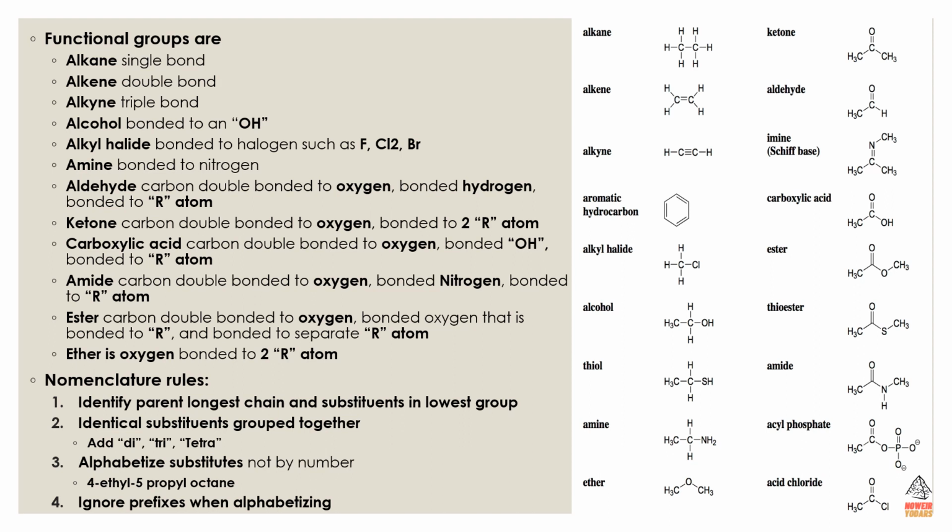All right, so the priority is by alphabetizing, so by the alphabet. So you have here, I don't know, methyl, and then here you have an ethyl group. So which one goes first in the alphabet?